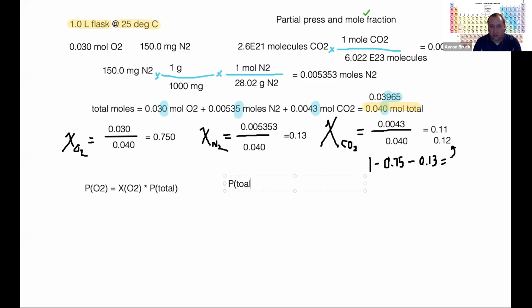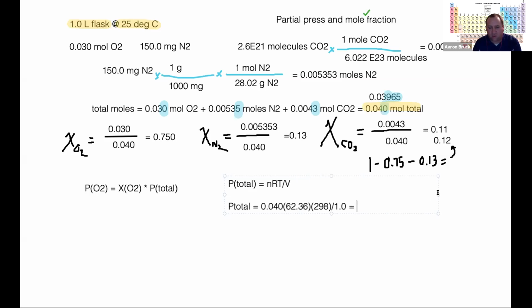So the total pressure is going to be equal to nRT over V. Total number of moles is 0.040. For R, let's use 62.36 this time. For temperature, 25 degrees Celsius is 298 Kelvin. And for the volume, I had a 1.0 liter flask.